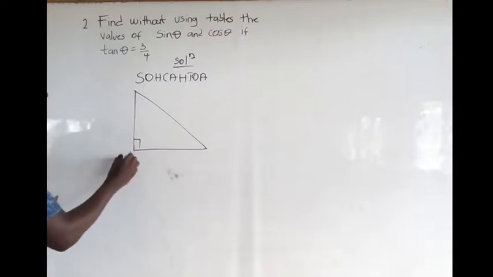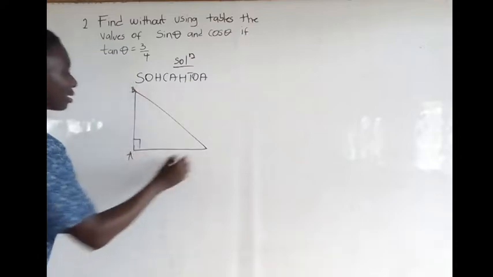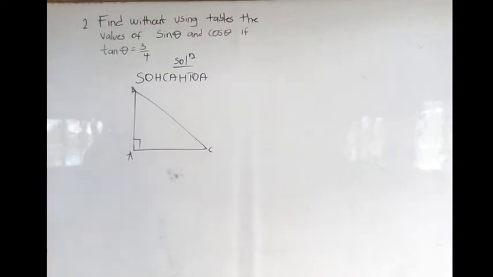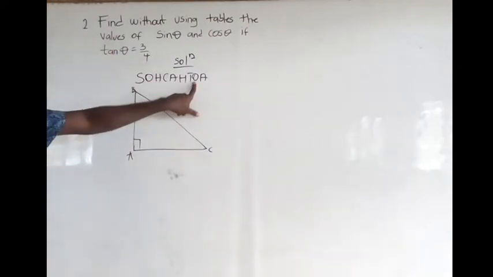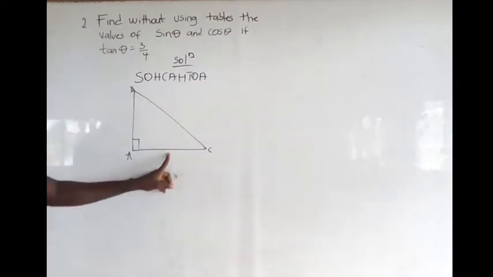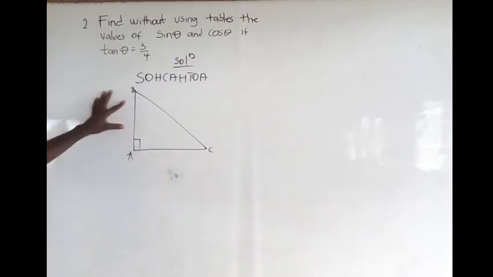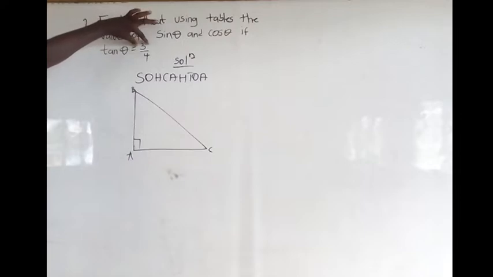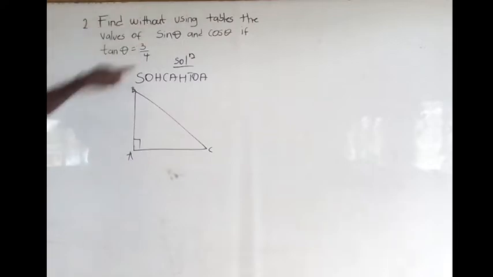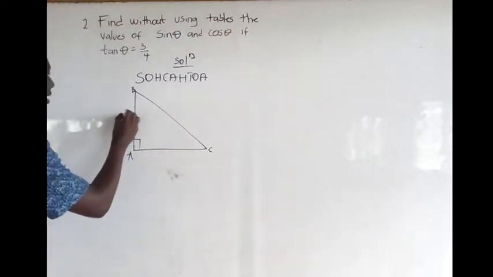Then again, we label it ABC. So from here, tan is opposite over adjacent. Meaning opposite is this one, and then adjacent becomes 4. So we're going to get 3, 4.